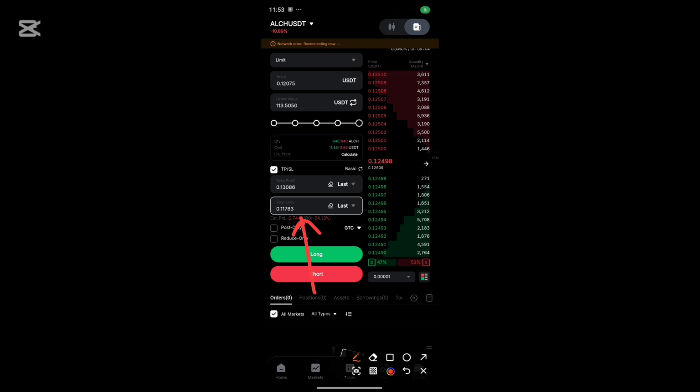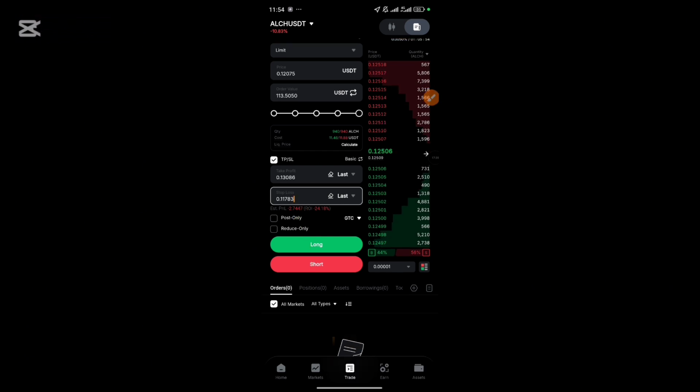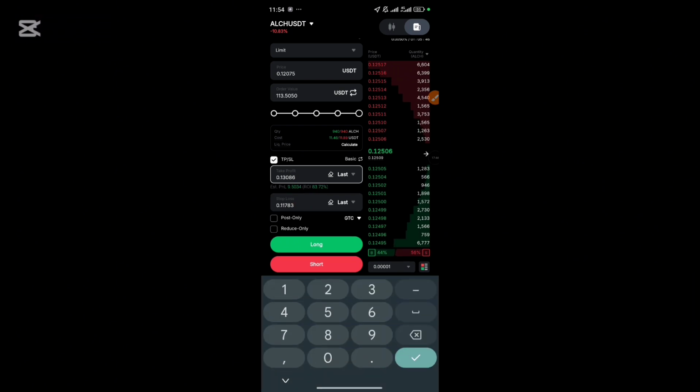I've made a sacrifice to lose $2 in my SL, which is stop loss. Then if it does not go that way, by the time it gets to 0.12075 and it starts going up and it gets to 0.13086, I'm making $9.5.